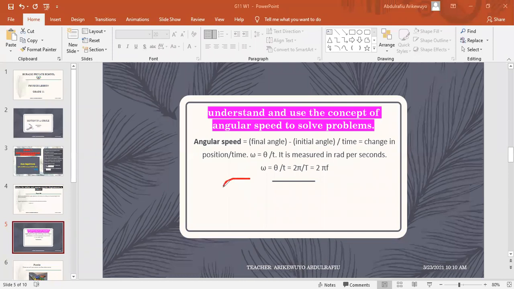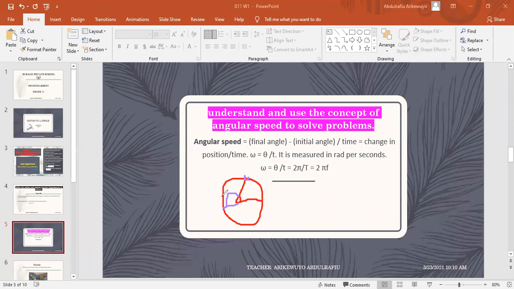Let me just draw also so that you can understand better. If I have a circle like this and a car is moving in this circle, let's say this is the radius, right? And this is an arc. You know there's an angle here, right? Now if the car moves from this place and continues to move like this, you know that if it gets to this place, the angle has changed.